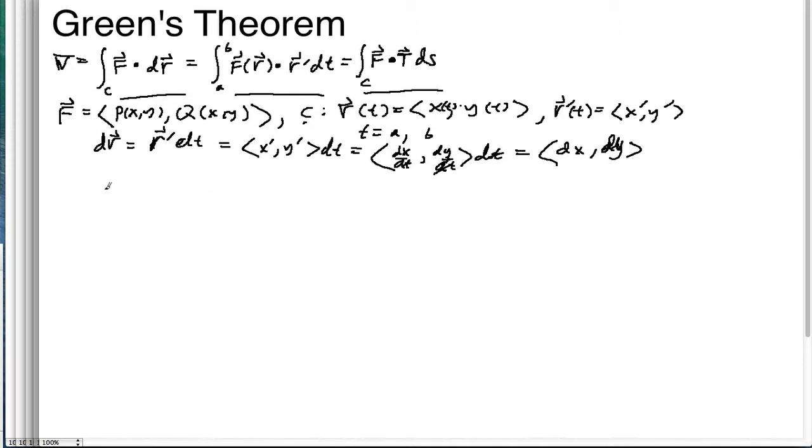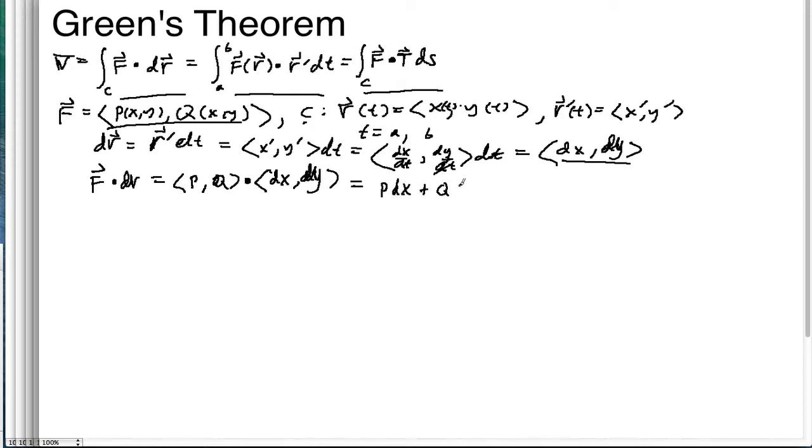So recall again that F dot dr can be written as, here's our F, so that's going to be P comma Q, dotted with dx, dy. All right, we do that dot product, and we get P dx plus Q dy.